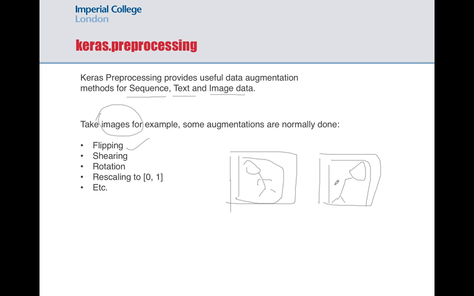So they are the same for the same person, but for your deep learning network, they are totally different. So this way, it implicitly increases the size of your data.